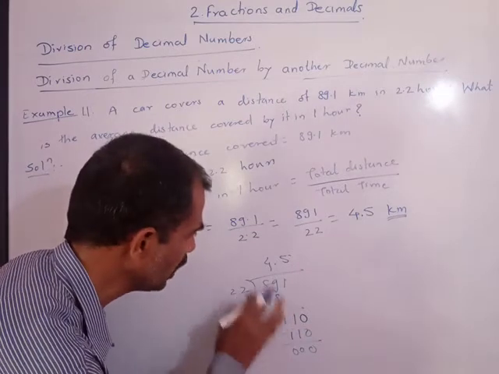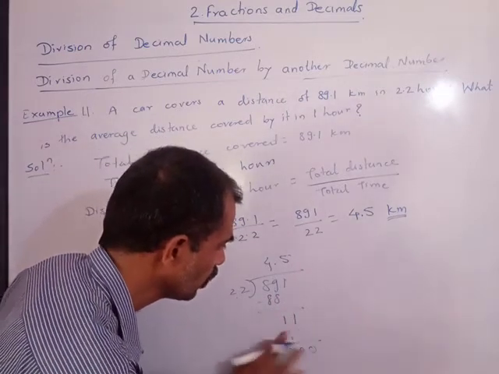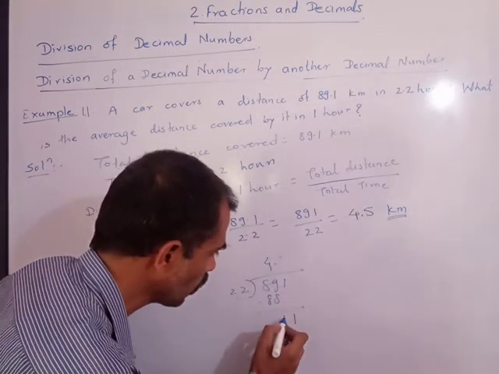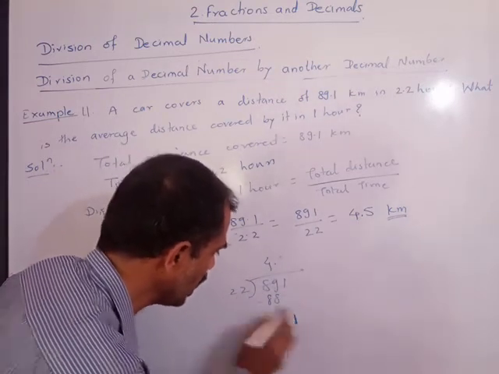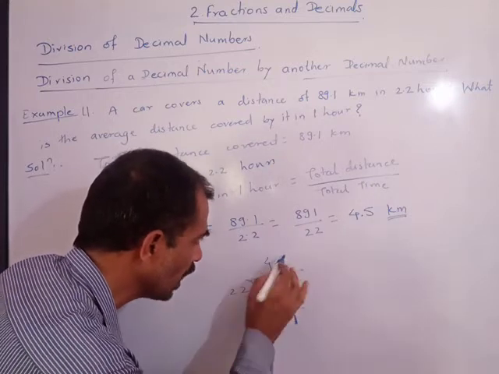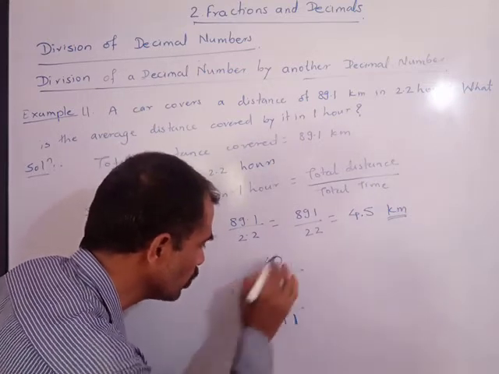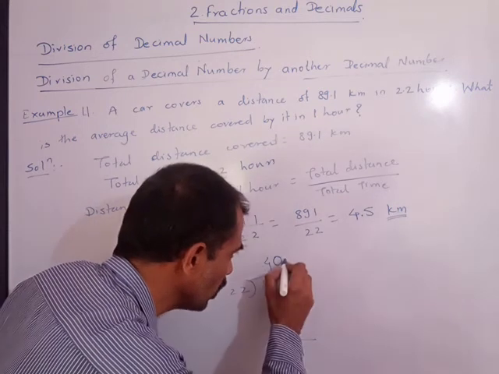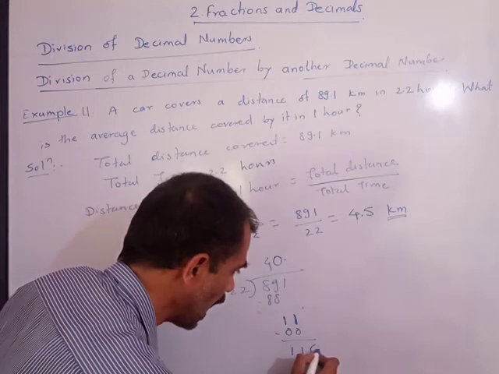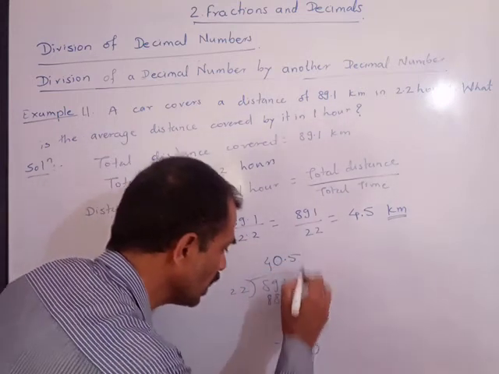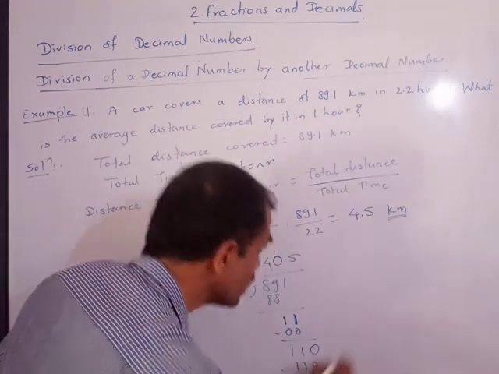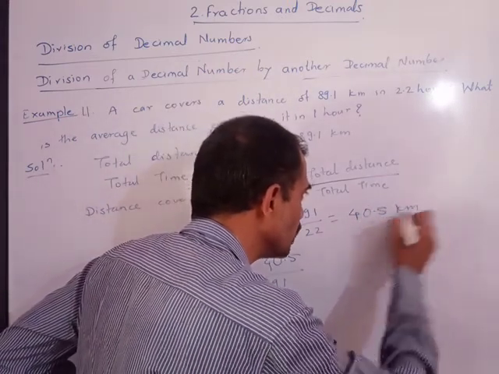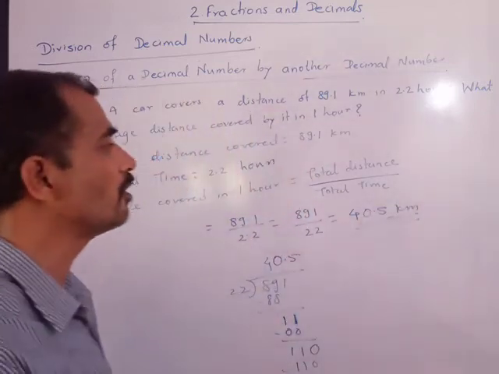I have made a mistake here. 22 4s are 88. Remainder is 1. You can take the next digit downside. Now it cannot be divided, so we have to take 0 to this. 22 zeros are 0. Remainder is 11. Now give the decimal point. So we can add the 0. 22 5s are 110. So the answer is 40.5 kilometers. Please correct this. Answer is 40.5 kilometers.